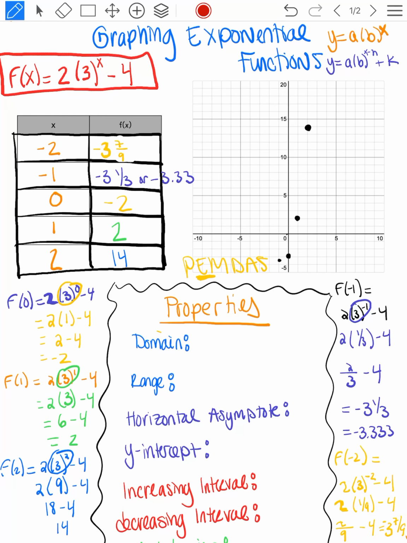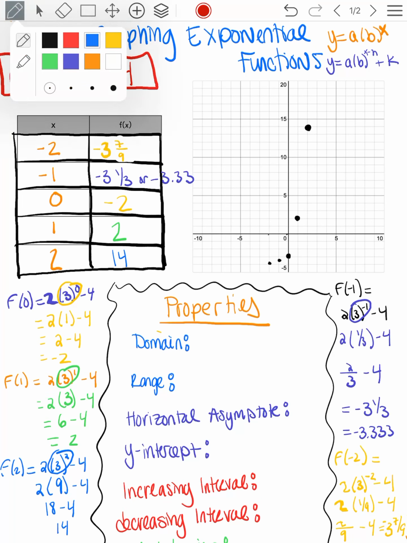So I'm going to go -3 and down a little bit more. And -2, I have -3 7/9. So that's going to be even a little bit more negative. I'm just going to erase my PEMDAS here because we're going to need some space to make our asymptote. So hopefully it makes sense to you that our graph has -3 1/3, -3 7/9.